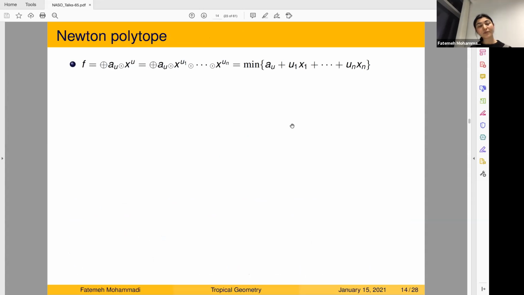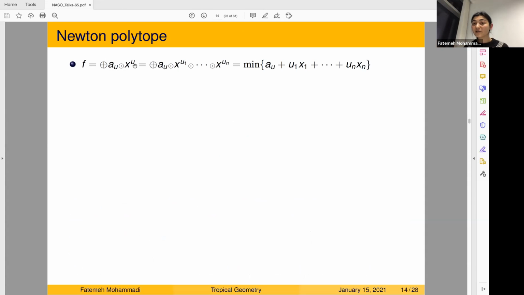Okay. So to do this, we are going to construct a Newton polytope of any polynomial. You start from a tropical polynomial, which is the tropical sum of a bunch of monomials. Each term in my polynomial is of the form a_u times x^u.